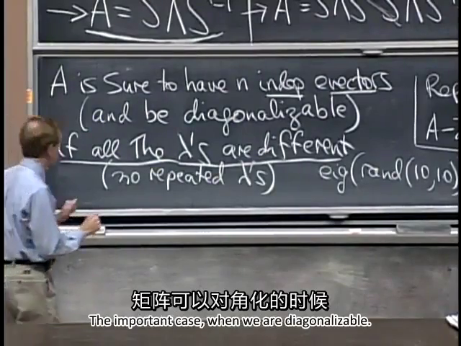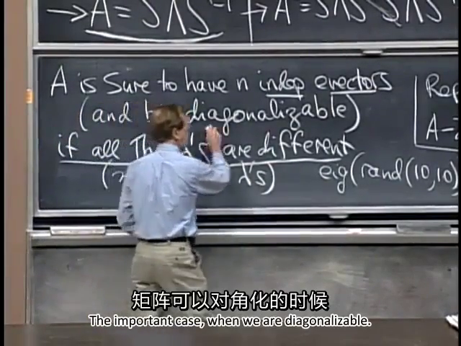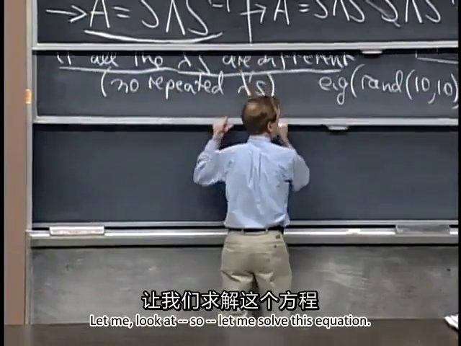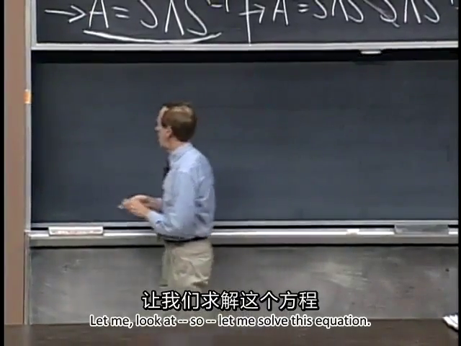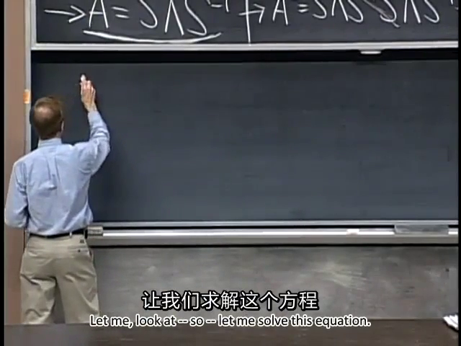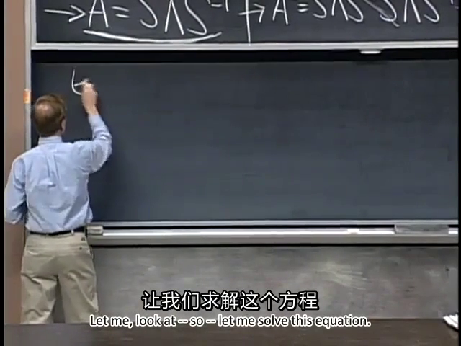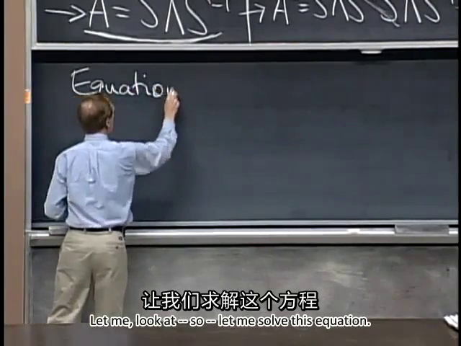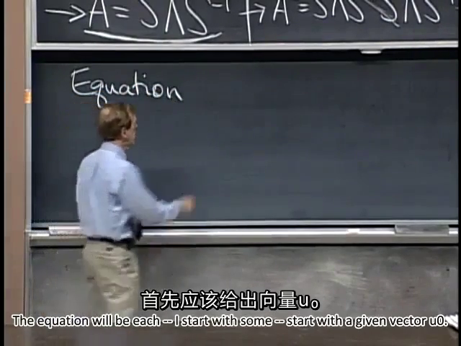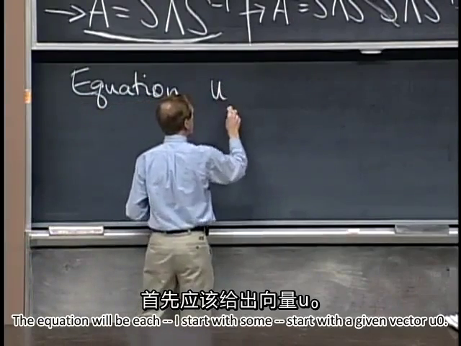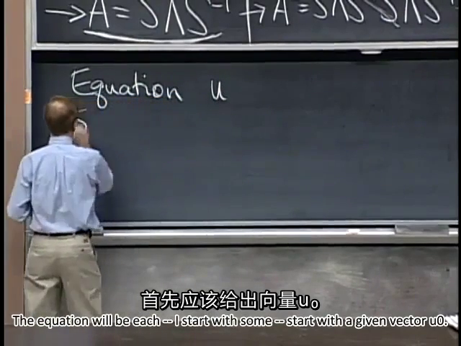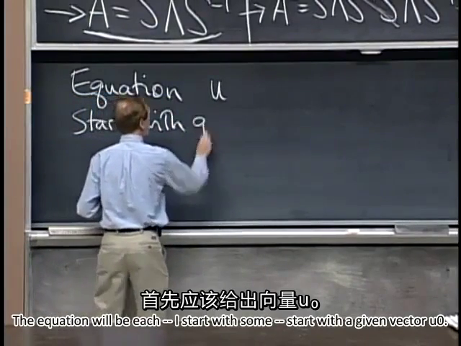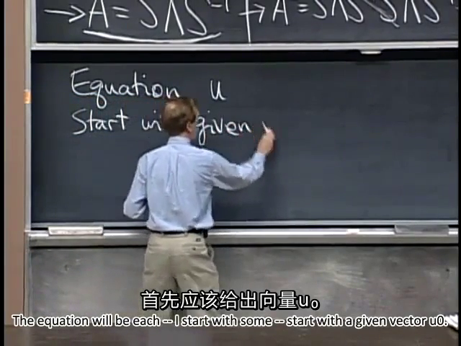The important case when we are diagonalizing. Let me solve this equation. I start with a given vector u0.